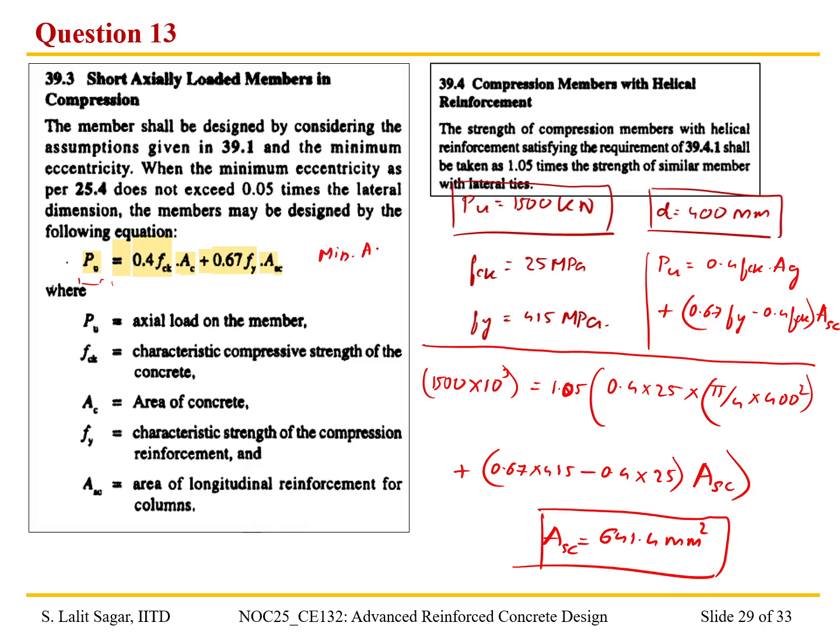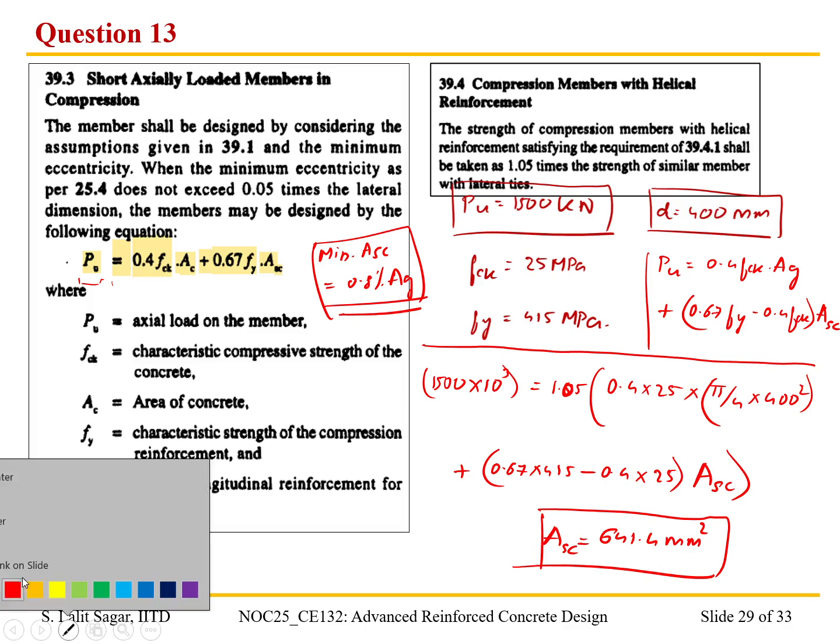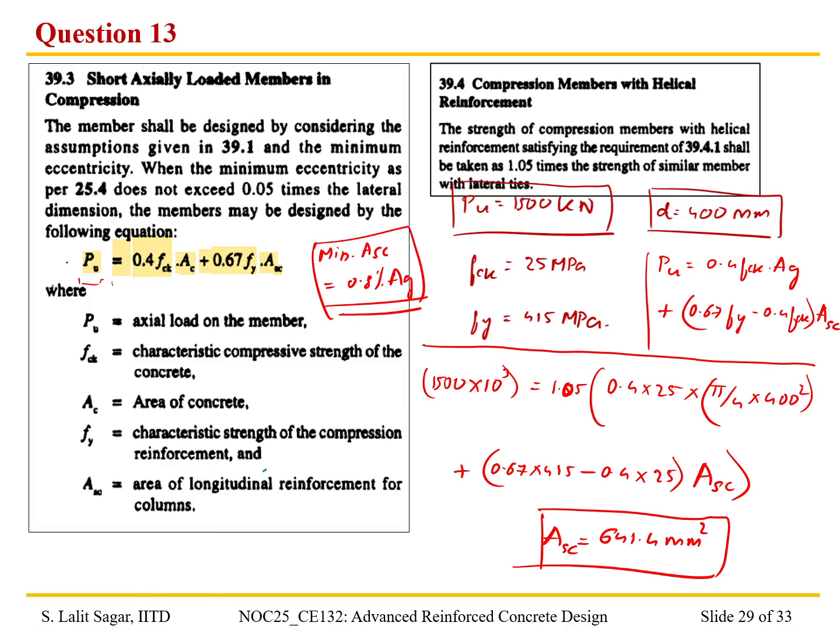Minimum ASC has to be 0.8% gross area of the circular column. Now we'll calculate that value and see how it compares with the ASC that we have just calculated. Let us call it ASC minimum.